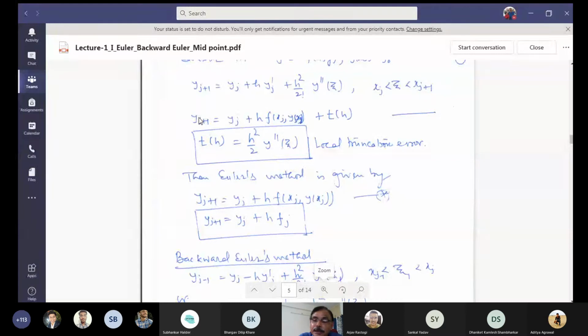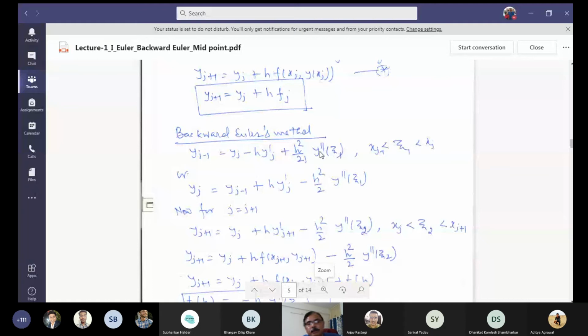This is another Iyengar book, not your first year Iyengar book. I will tell the whole thing; you can find it in the syllabus and on the net. It is Numerical Solution of Differential Equations by SRK Iyengar. So this is the difference between writing without local truncation error and with local truncation error.